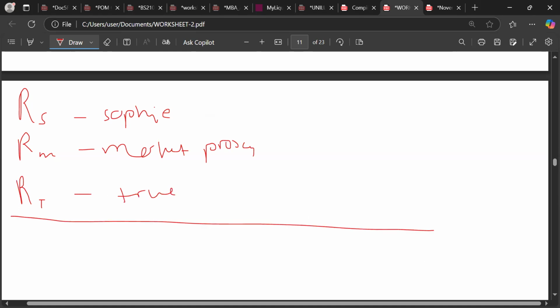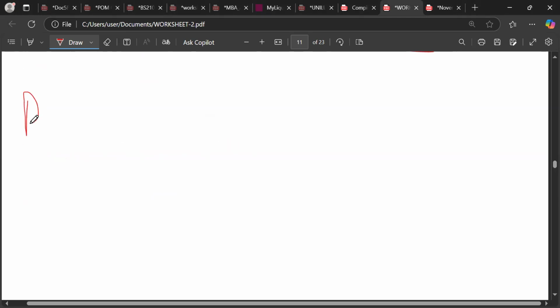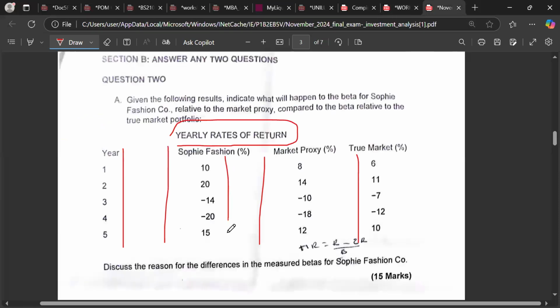So the first thing we're going to do is find our average returns for each of these conditions. We'll start with Sophie's average return, RS bar, which is equal to the summation of whatever is here.